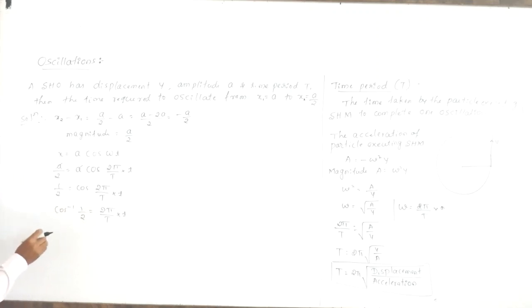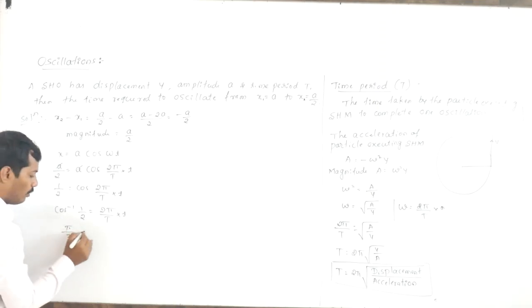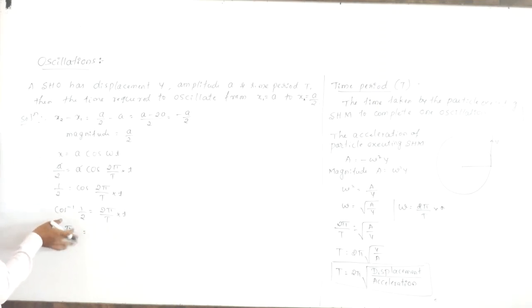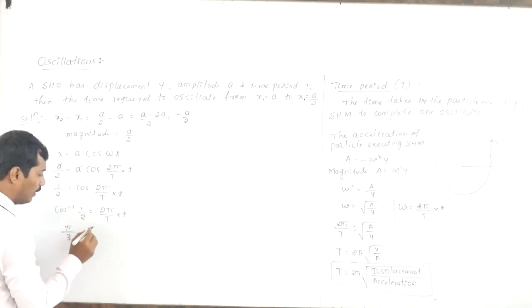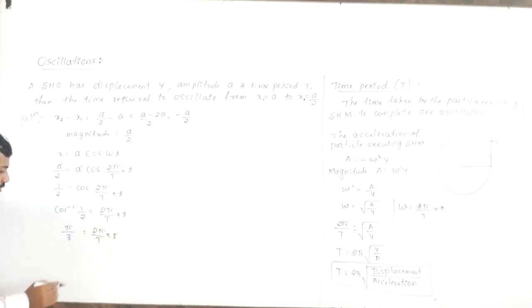Cos inverse of 1 by 2 is nothing but pi by 3, because cos 60 is 1 by 2. So pi by 3 equals 2 pi divided by T times t. Then pi cancelled.